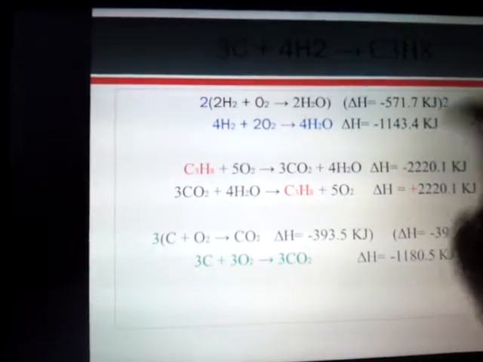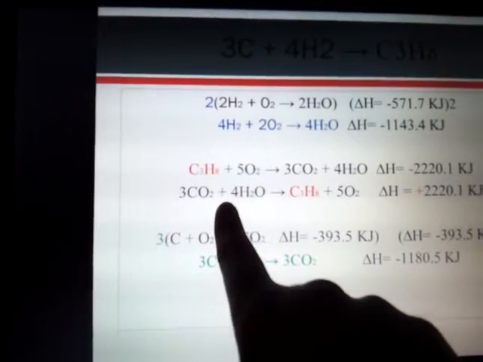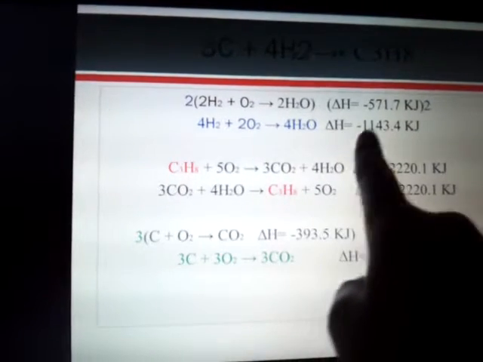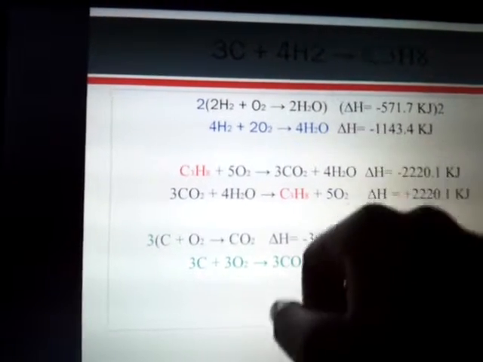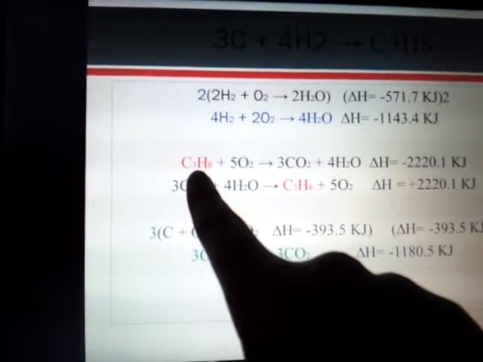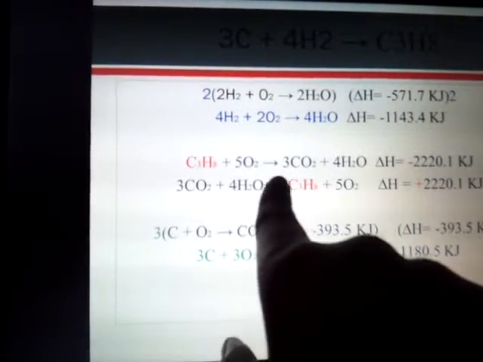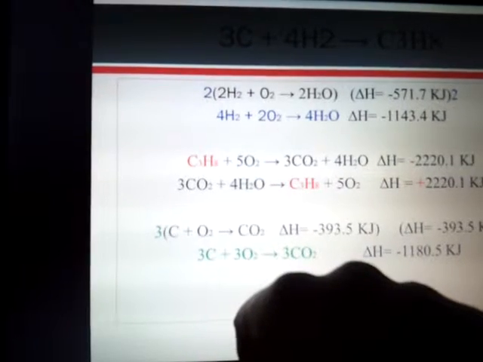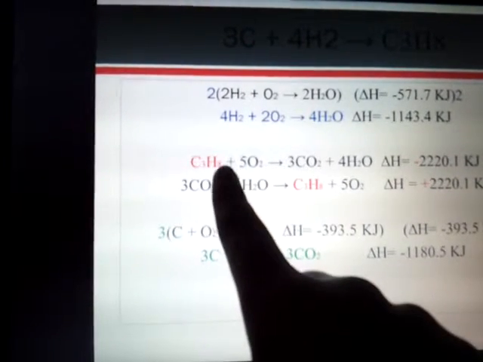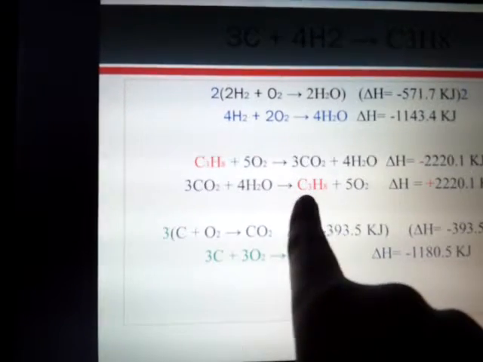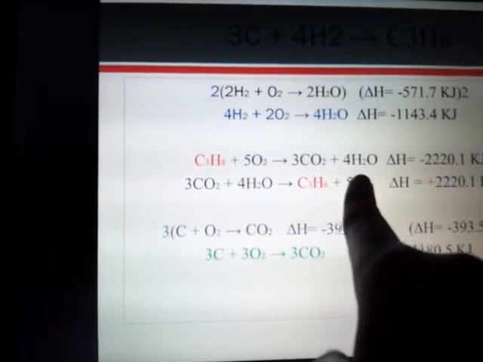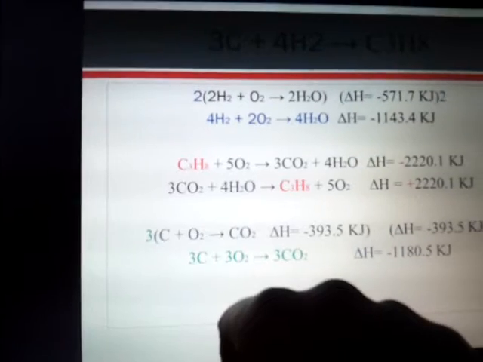Okay, second thing, we're looking at the second equation, and you see that C3H8 is on the right side of the yields symbol. But here in the equation given, it's on the left side of the yields symbol. So what you're going to have to do is flip it. So C3H8 plus 5O2 is going to end up on the right side here, and this here is going to end up on the left side.